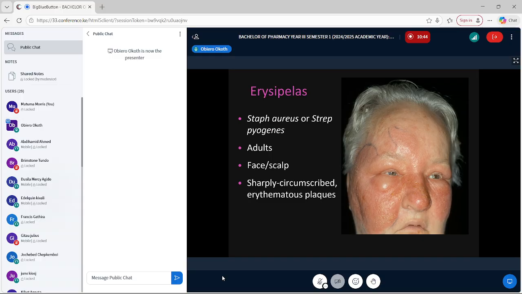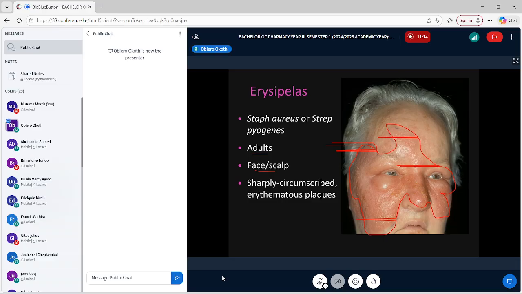Or you can have erysipelas. Erysipelas is caused by Staph aureus or Strep pyogenes. This is now in adults, face and scalp, and it's a sharply circumscribed erythematous plaque. Sharply circumscribed meaning you can see a very sharp area. I'm using white skin because you are not professional dermatologists, and it is easier to see these features in white skin.